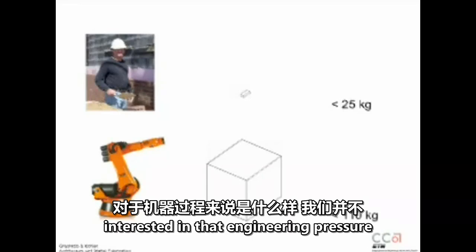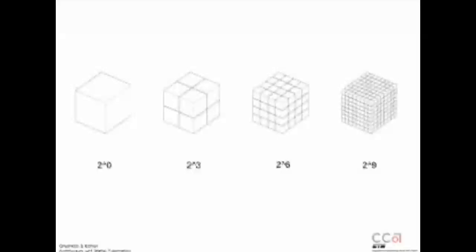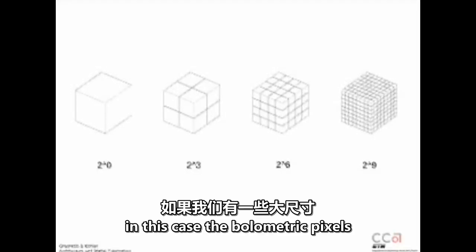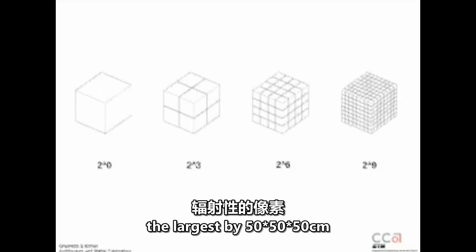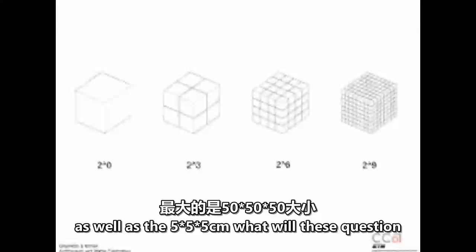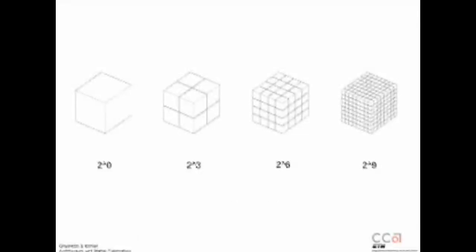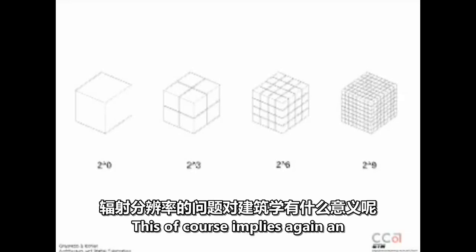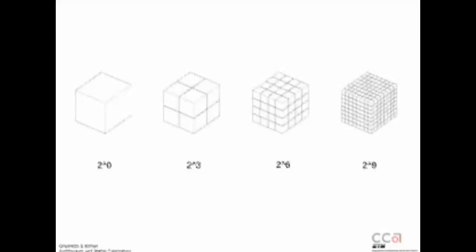We were not so interested in that kind of engineering question, but rather in the question of resolution. What if we had different brick sizes, in this case volumetric kind of pixels, the largest being 40 by 40 by 40 centimeters and the smallest being 5 by 5 by 5 centimeters? What would this question of volumetric resolution mean to architecture?